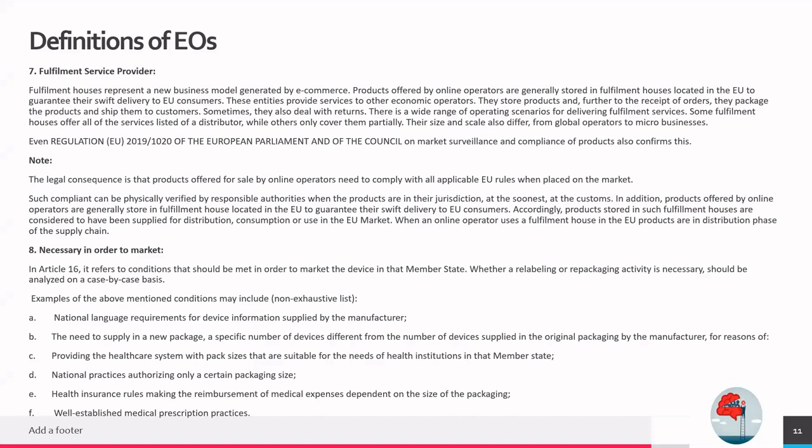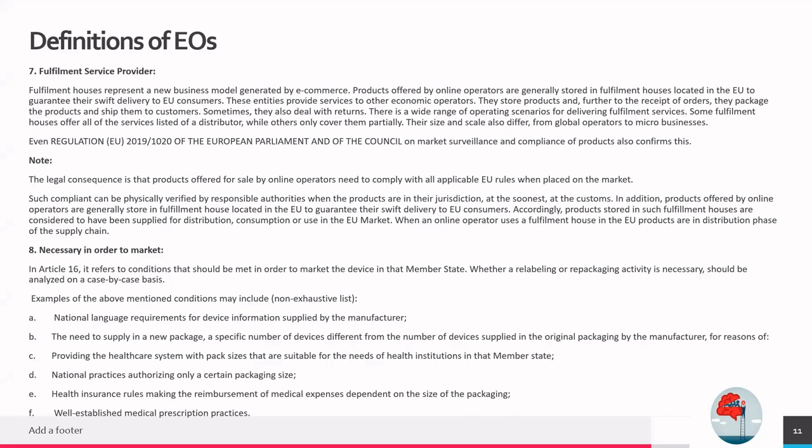Sometimes they also deal with returns. So there is a wide range of operating scenarios for delivering these fulfillment and consumer services. Some fulfillment houses offer, along with these services, those of a distributor, while others only cover them partially. Their size and scale also differ, from global operators to micro businesses.